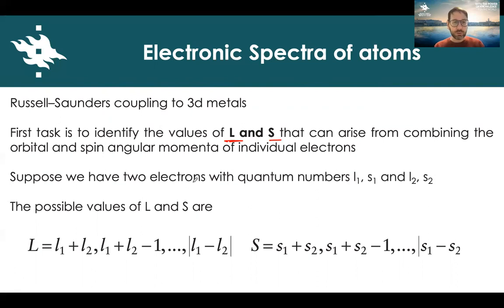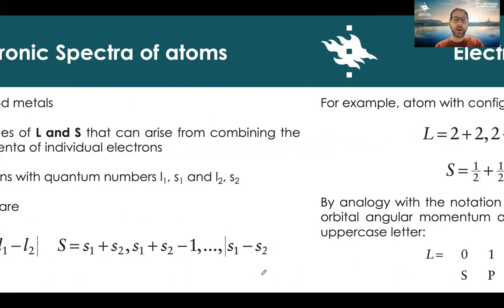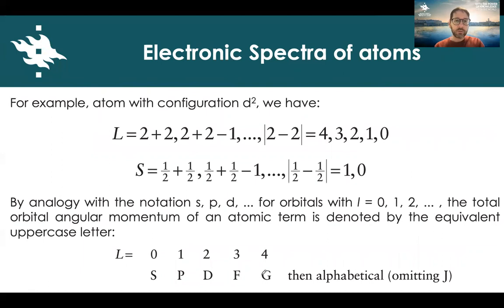So supposing that we have two electrons with these quantum numbers, the possible values of L vary from L1 plus L2 until L1 minus L2, and S varies from S1 plus S2 until S1 minus S2. For example, if we have d2, L varies from 4, 3, 2, 1, 0, and S is 1 or 0.